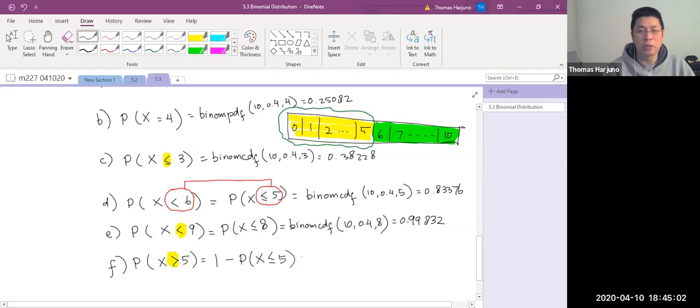Which is equal to 1 minus binomcdf 10, 0.4, 5, which we happen to have done in part D. That's 1 minus 0.83376, which is 0.16624.